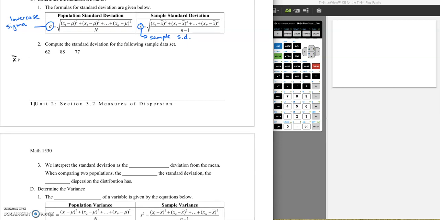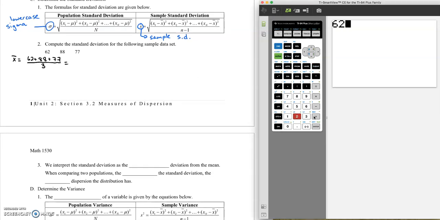So the mean is 62 plus 88 plus 77 divided by 3.